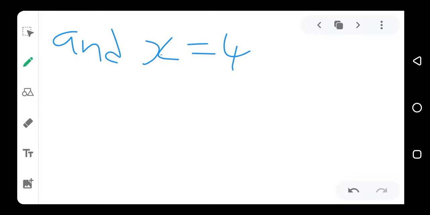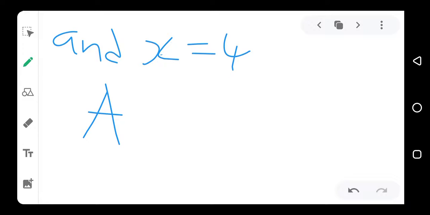We have A, and the A is varying with X and Y. If it is in direct variation, it will either vary with X alone or with Y alone. But in joint variation, it is varying with two or more variables. Like in this one, we have only two variables that it is varying with.